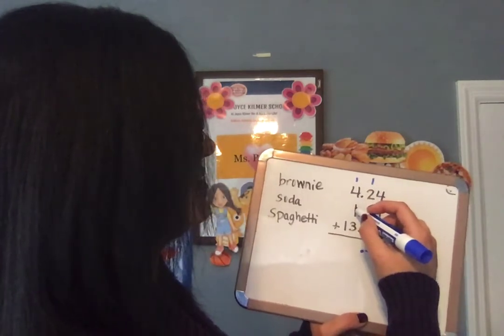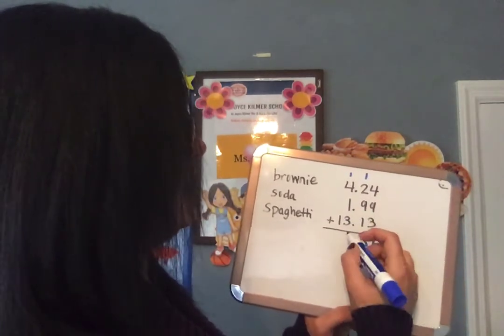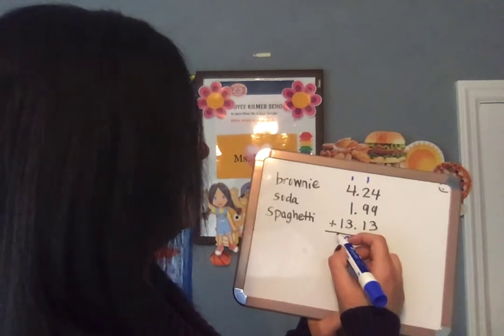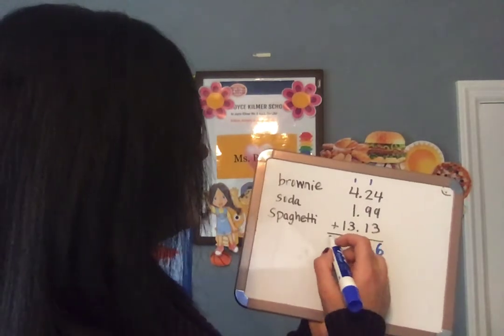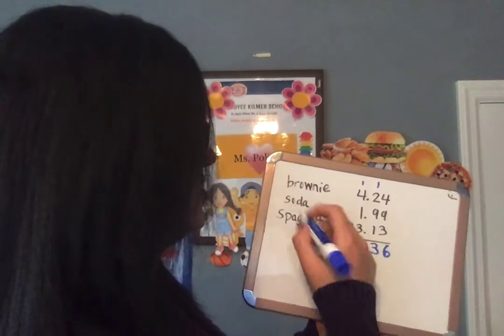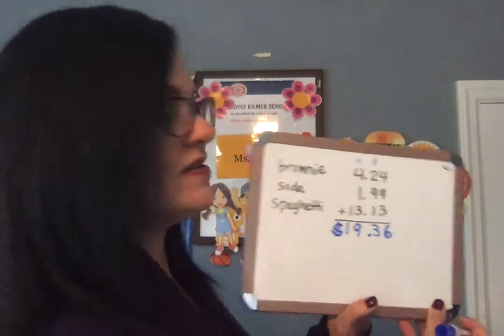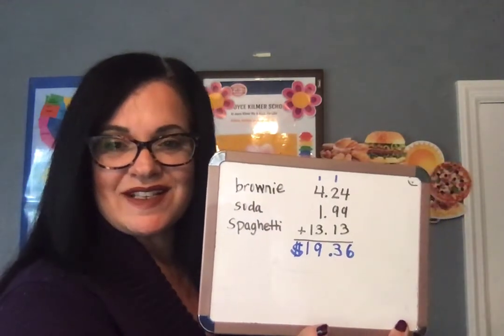Plus 1 is 6. Plus 3 is 9. And then bring down your 1. So the total cost for this food and drink is $19.36. So go ahead and work on these decimal problems.